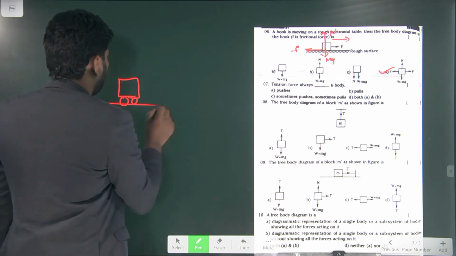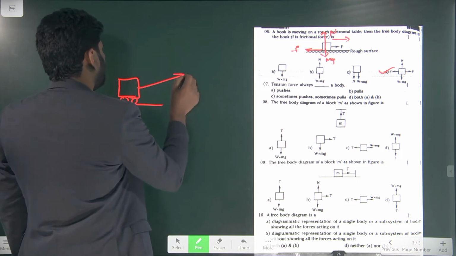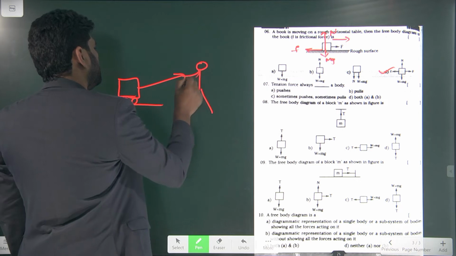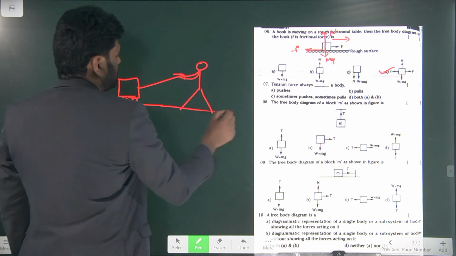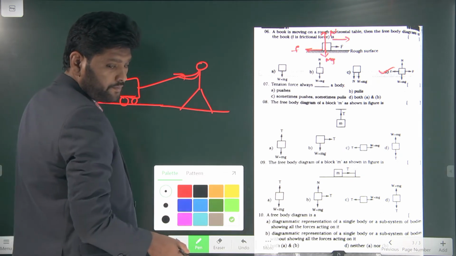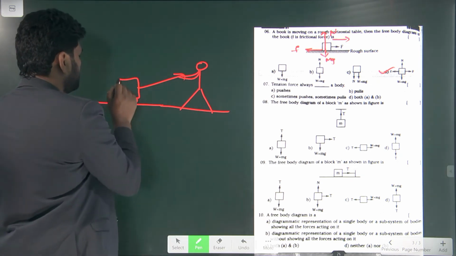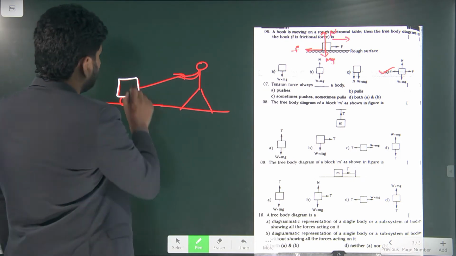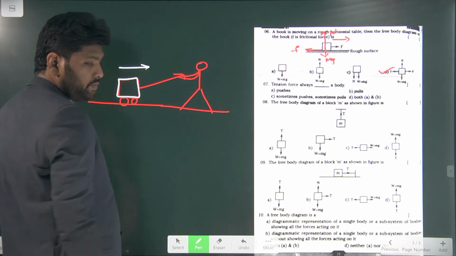Now you tie a thread to the toy and you are pulling this. When you are pulling this, will the toy move or not? In which direction will it move? In this direction it will move. Yes or no?